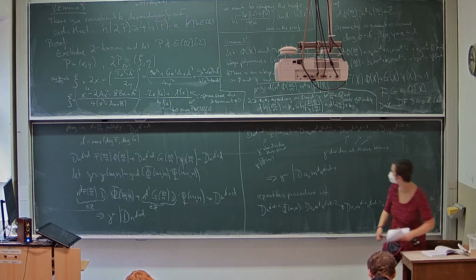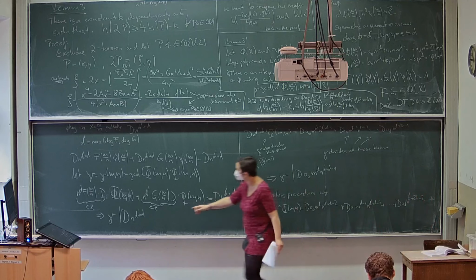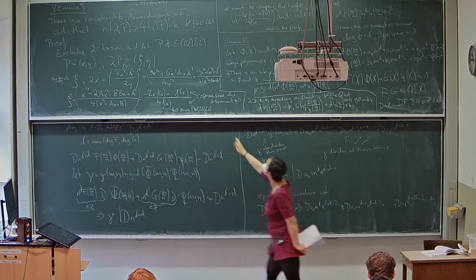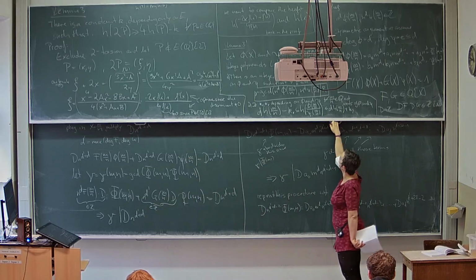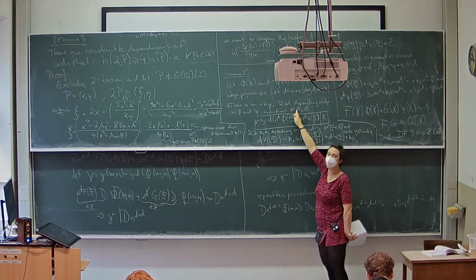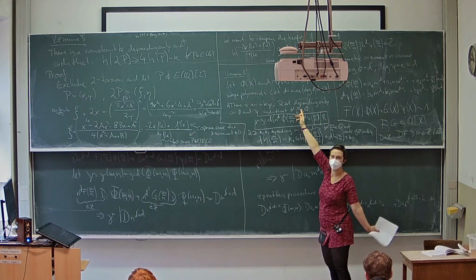Ah, yeah, of course. We didn't assume it anywhere, but of course we can say that we want m over n to be in lowest terms.